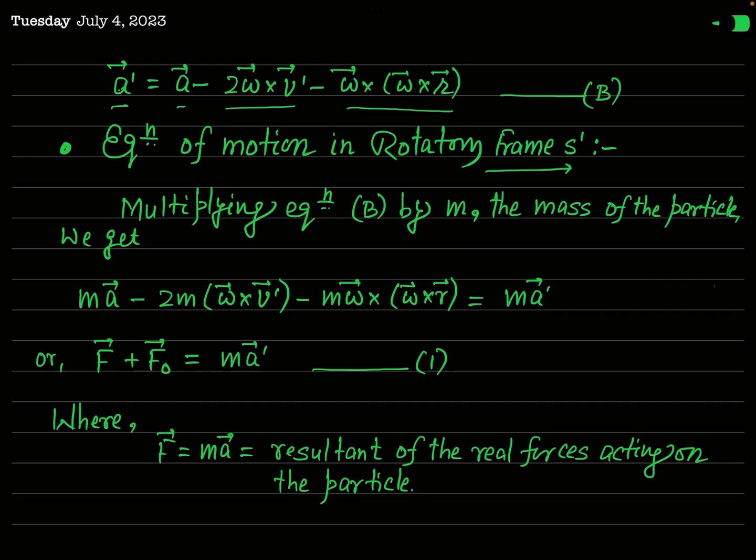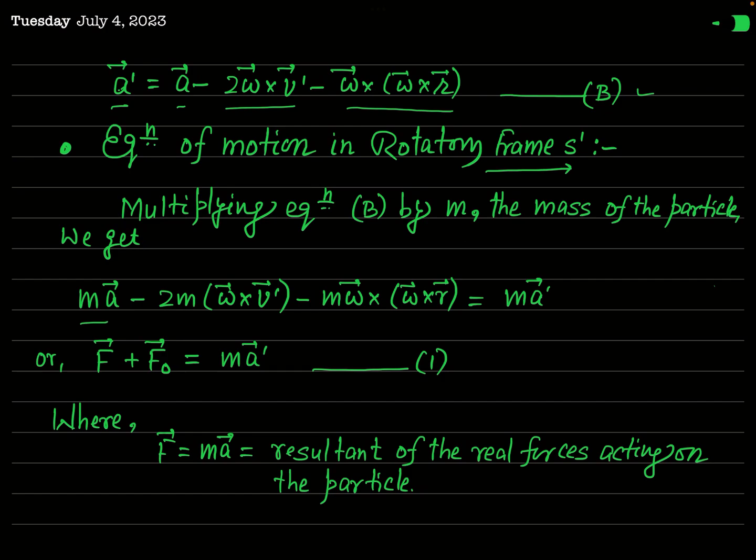For this, let us multiply this equation B on both sides by the mass m of the particle. When we multiply equation B with m, what will be your result? You can easily see. I have written the RHS of this equation on the LHS here.